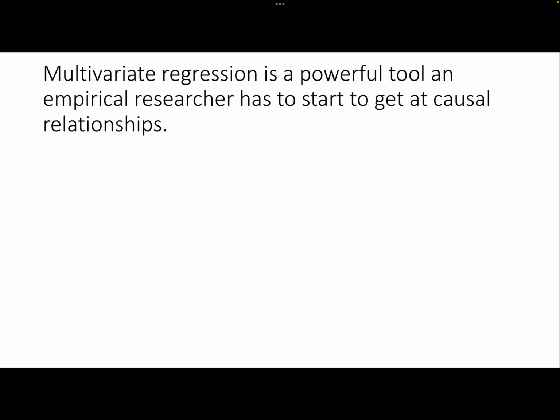Multivariate multiple regression is a super powerful tool that empirical researchers can use to start to get at causal relationships. And "start" or "attempt" might be a key word. I believe it's very underrated. It's not perfect, but it is a great first step, way better than correlation. And again, I want to emphasize this, it's very underrated in what it can do.